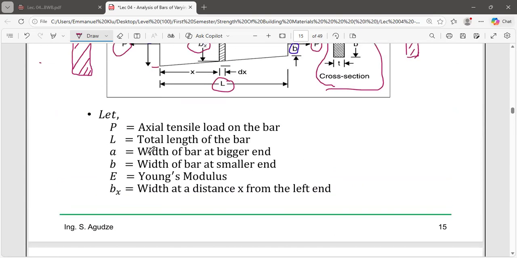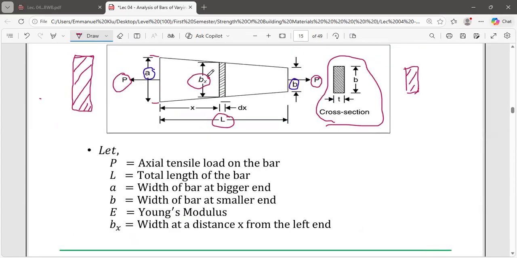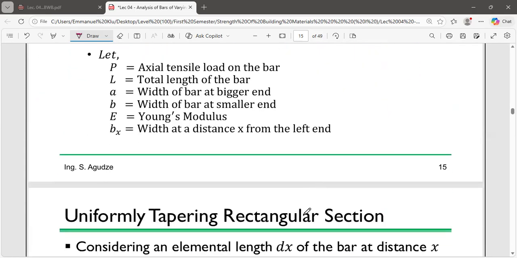And E is our Young modulus. As I told you, every material has a Young modulus, the amount of load it can resist before going to failure. Finally, Bx is the width at a distance x from the left end, as you are seeing over there.